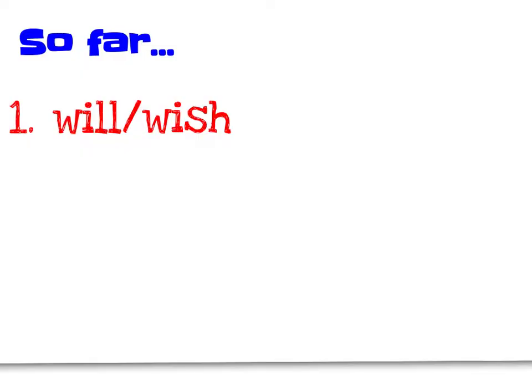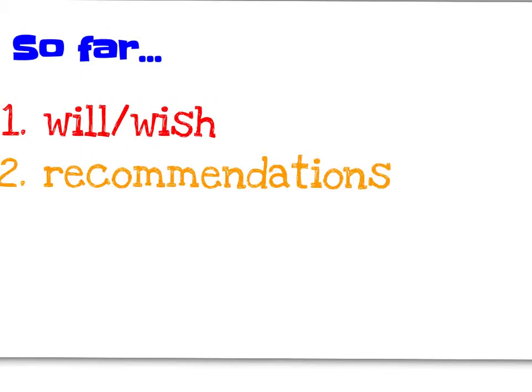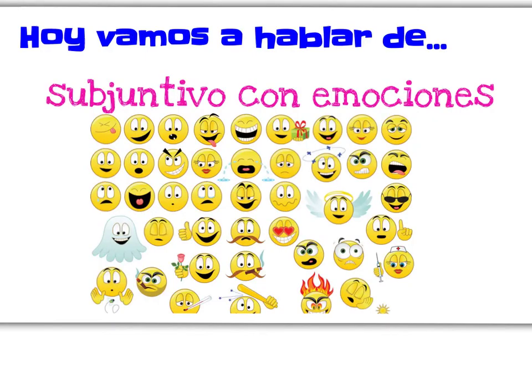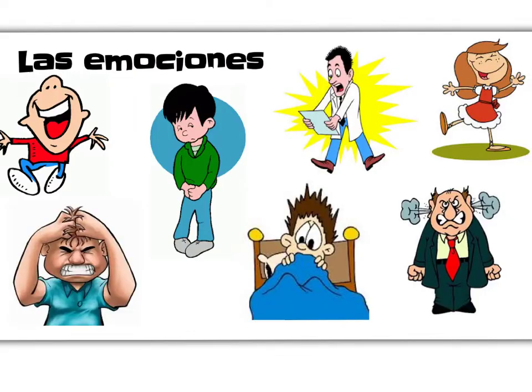We've already talked about subjunctive with a few concepts, with will or wish, with giving recommendations to someone, with unknown, non-existent, and now while we're talking about subjunctive with emotions.